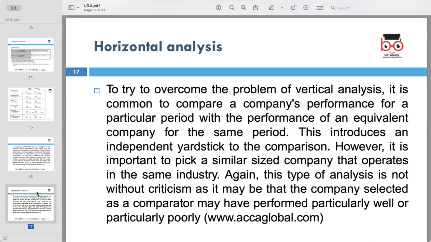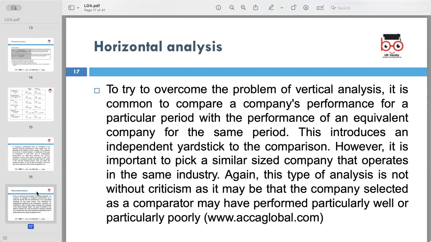So this introduces an independent yardstick for comparison, aiding in assessing relative performance. However, selecting a comparable company of similar size and operating in the same industry is important to ensure meaningful comparisons.